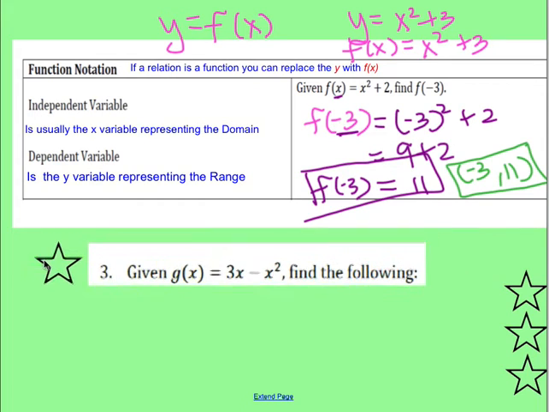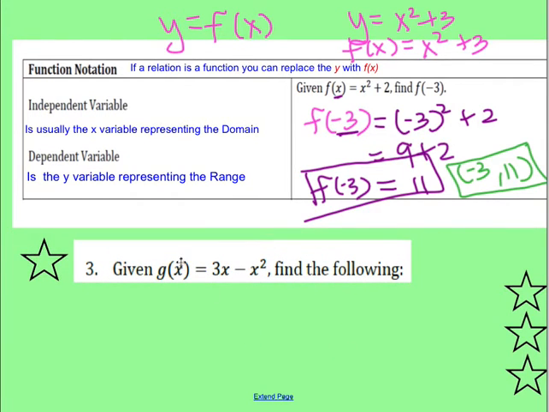So here's another example. Given g of x is equal to 3x minus x squared, we need to find the following. Okay. So A, we need to find g of 2. So I'm going to go ahead to find g of 2. Remember, 2 is taking the spot of x.